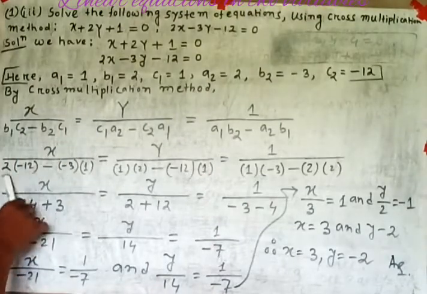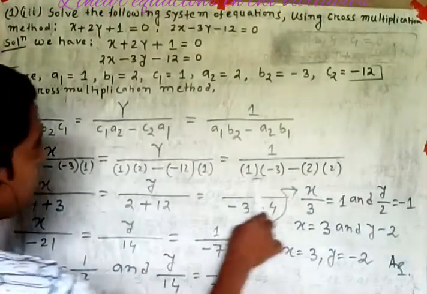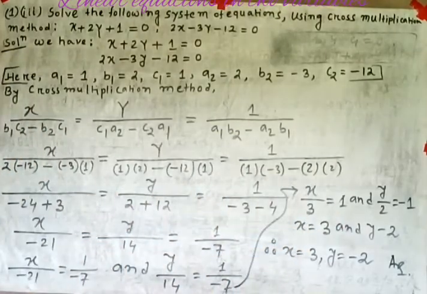Then we put in the values, and after putting the values we do the calculation, and here is the important part: x divided by minus 21 equal to 1 divided by minus 7. Minus 21 and minus 7 are both denominators with a minus symbol, so we can ignore the minus symbol.